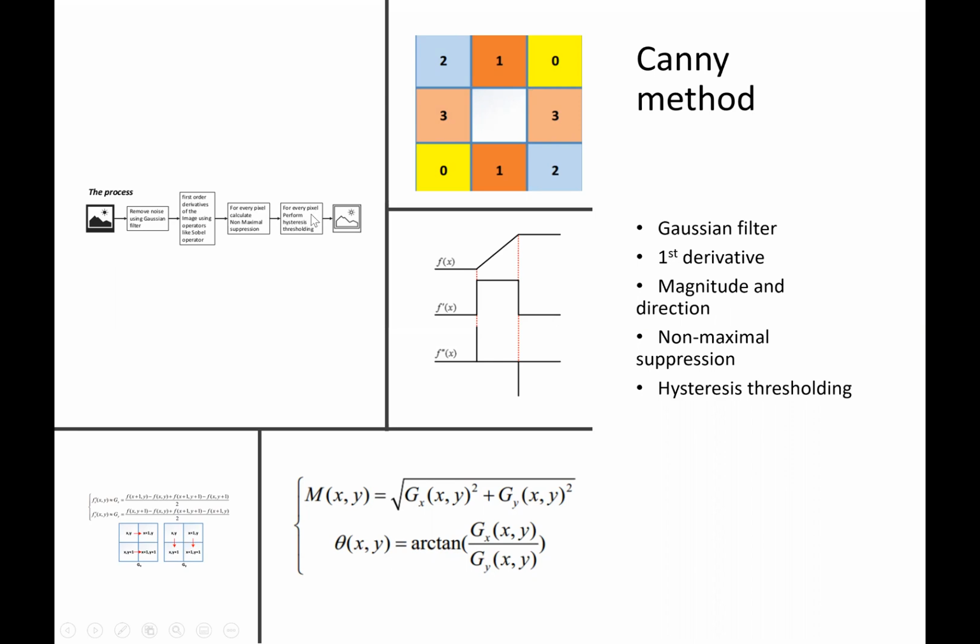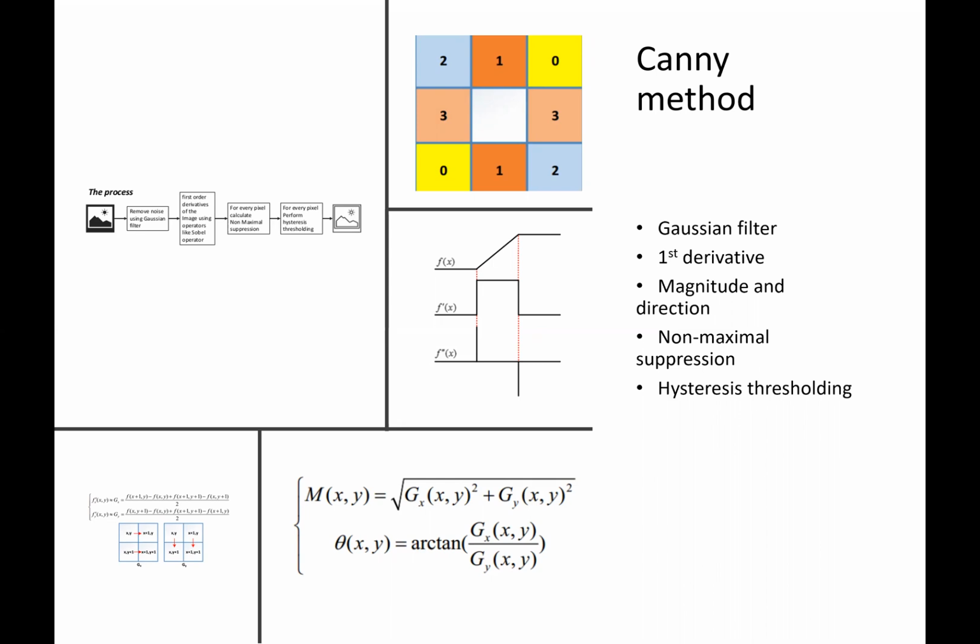And then we perform hysteresis thresholding to make the final binary image. I'm going to explain each step of the Canny method. The Gaussian filter is just used to decrease the influence of the noise in the picture.